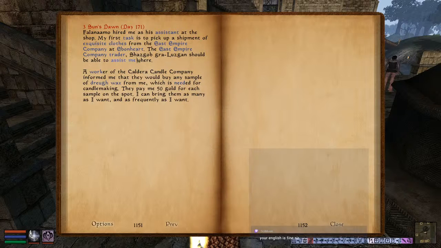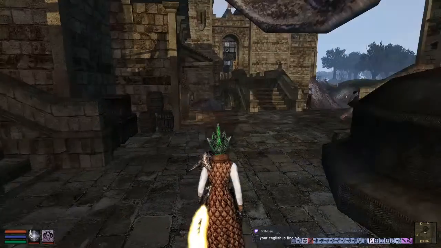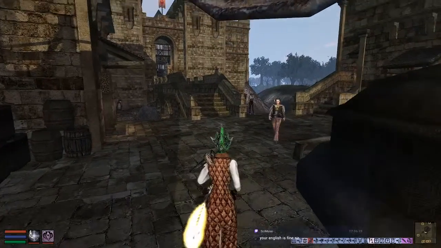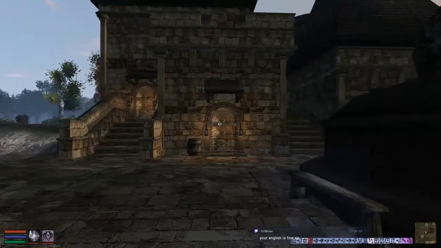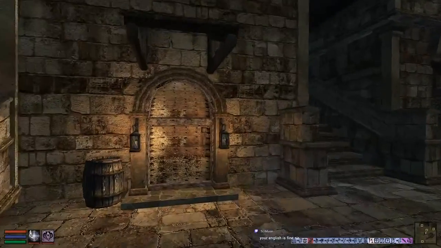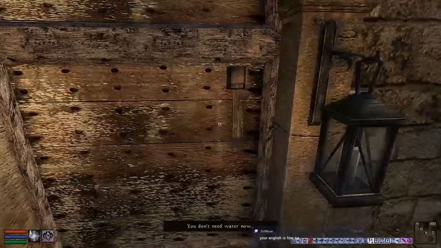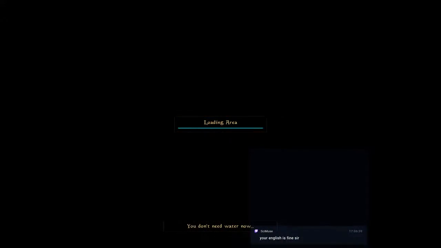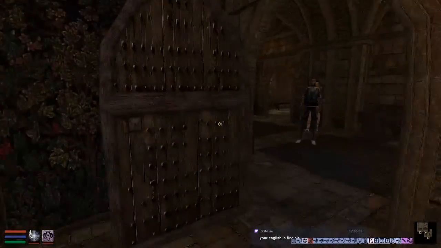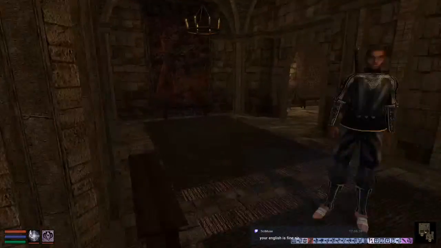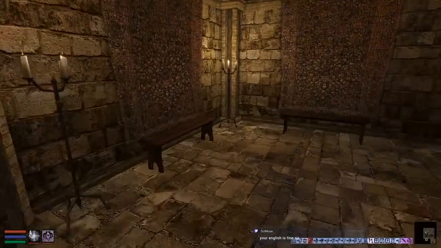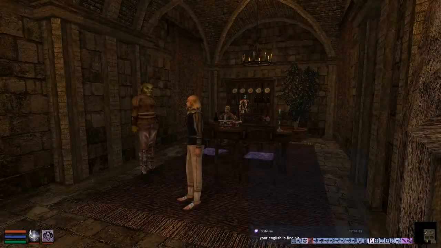If I recall correctly, Gra means she's a lady, and Gro means he's male. Oh, he is male. In this case, she should be a female orc, unless the name is not lore correct.